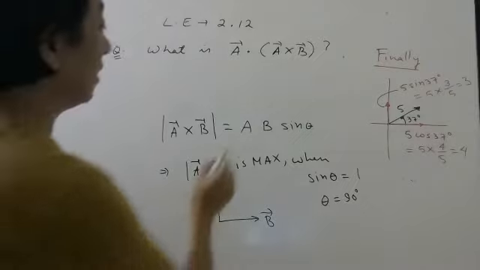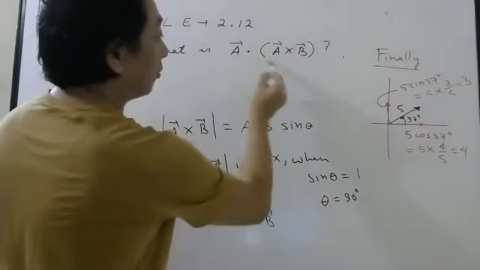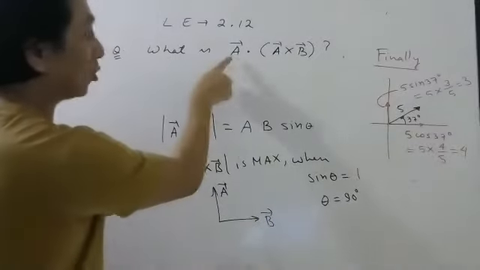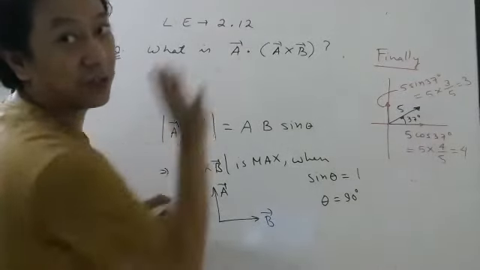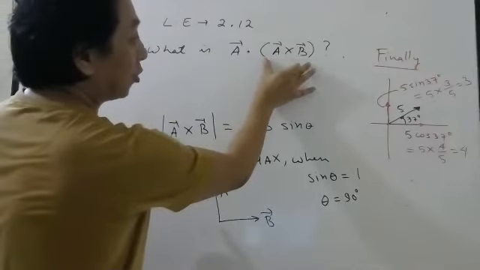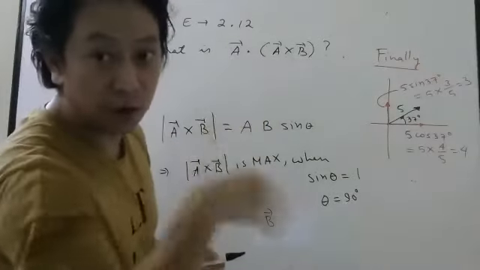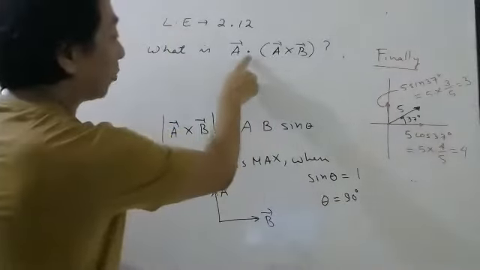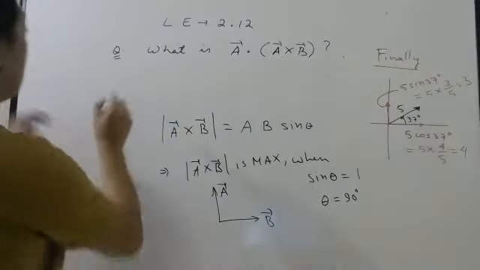So what are they saying here? You know that the cross product of two vectors will be a vector. That vector you can take dot product with another vector. That is what they are doing. They are taking the cross product of A bar and B bar, and whatever vector comes, they take its dot product with A bar. So what is the answer?